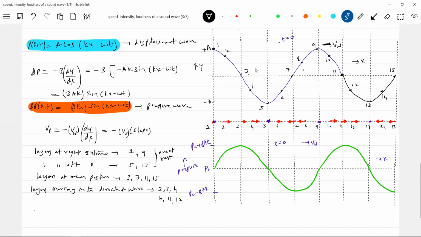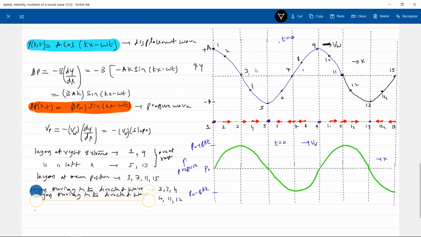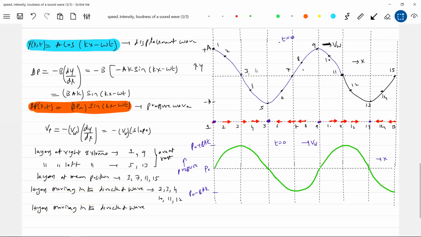Layers moving opposite to the direction of wave propagation: looking at 6, 7, 8 and 14, 15. These are the visible ones for us.